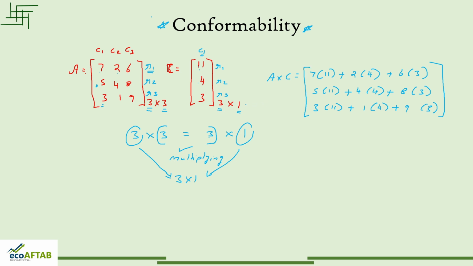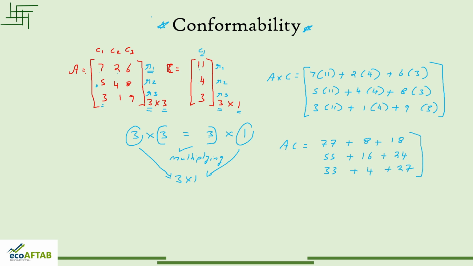So you can see here we are getting AC is equal to 7 into 11, 77 plus 8 plus 18, 55 plus 16 plus 24, 33 plus 4 plus 27.